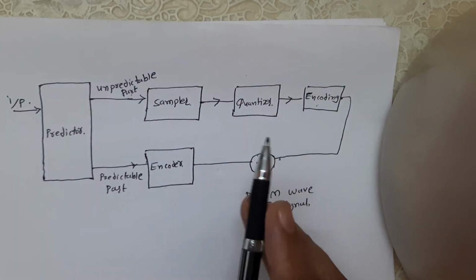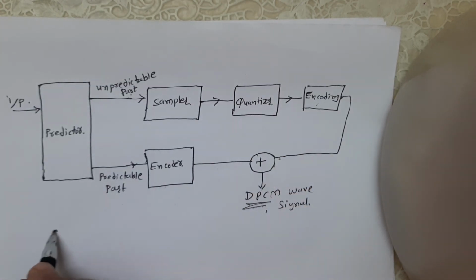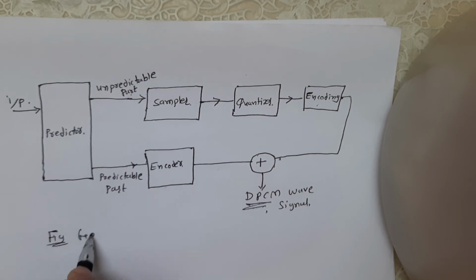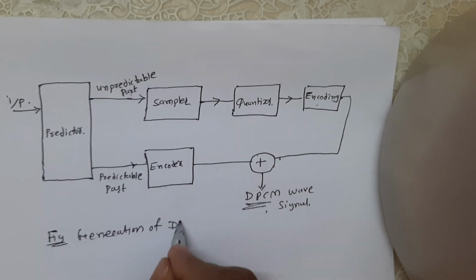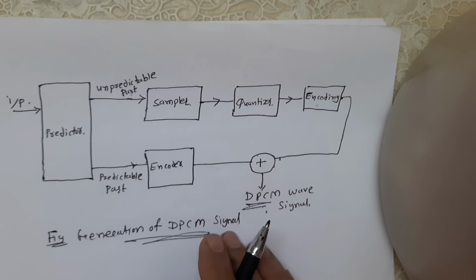This is the figure of generation of DPCM signal, the block diagram of the DPCM modulator. From the figure, we can say that this block diagram of the DPCM modulator is drawn by referring to the PCM block diagram as given in the last lecture.